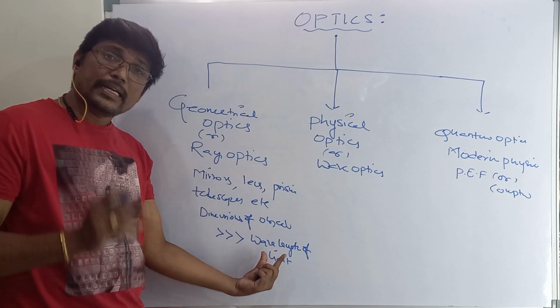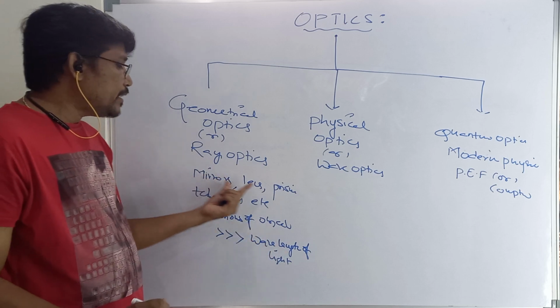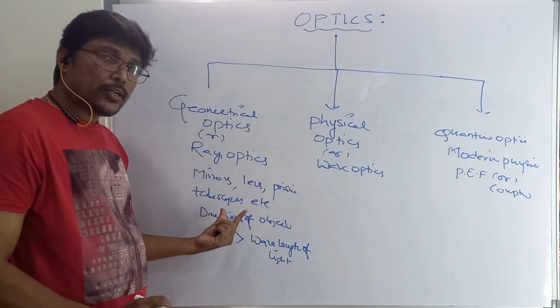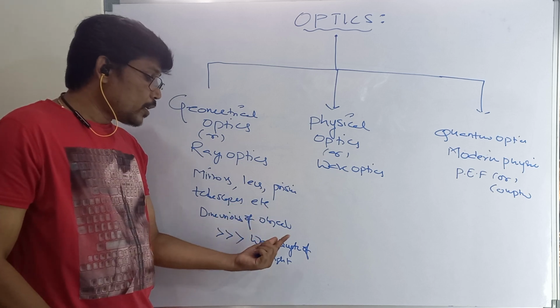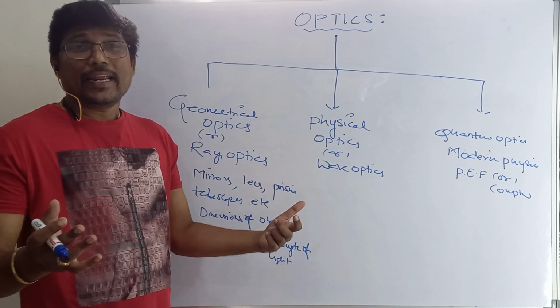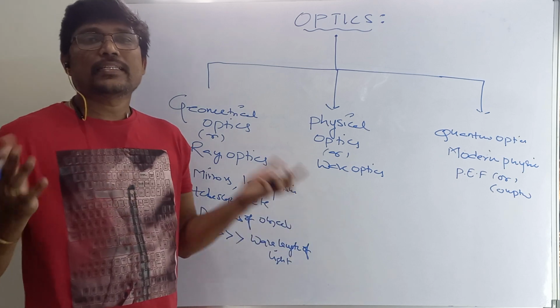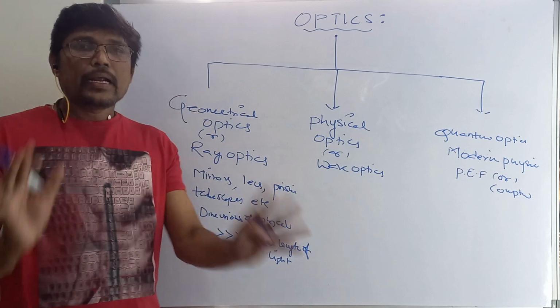So we are not considering any properties of the light. We focus only on the dimensions of the object. We are least bothered about the wavelength of that light. That is why we consider light as a simple ray, and a group of rays is considered as a beam. So in this case light is considered only as rays.